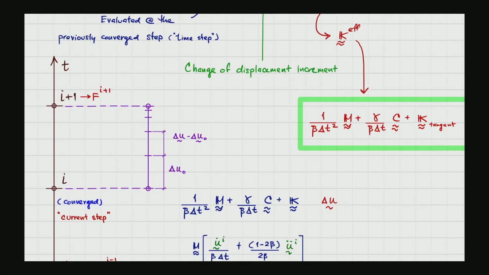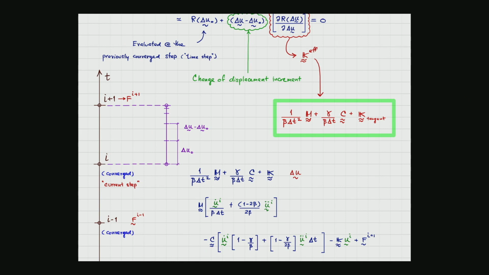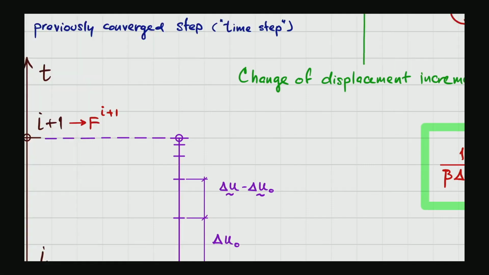So first, on the left side, the brown color writing denotes what's going on in time. But the purple color here just denotes your nonlinear iteration.